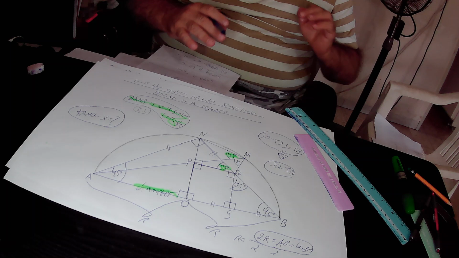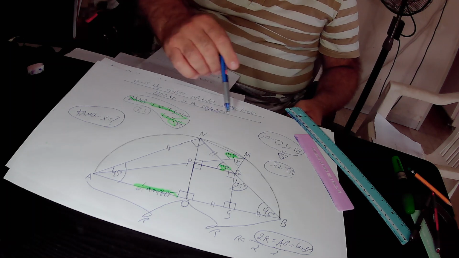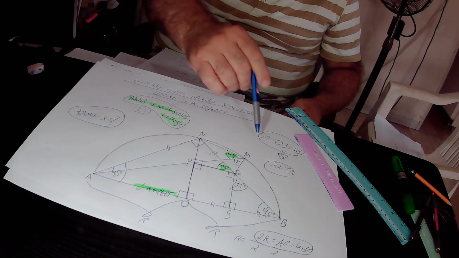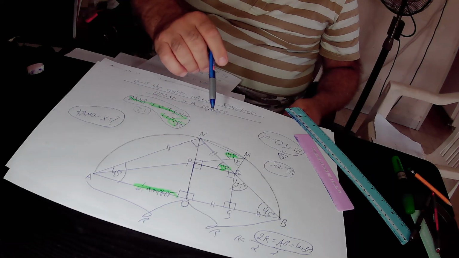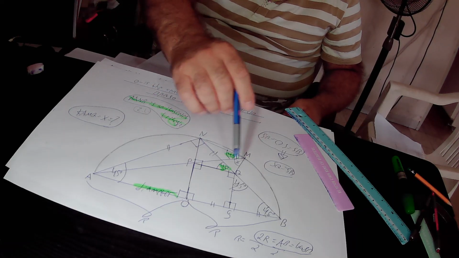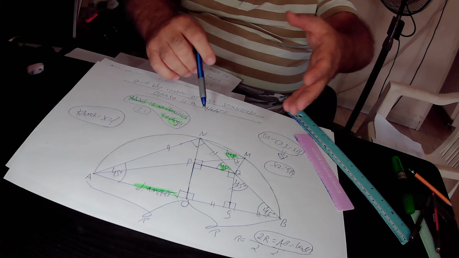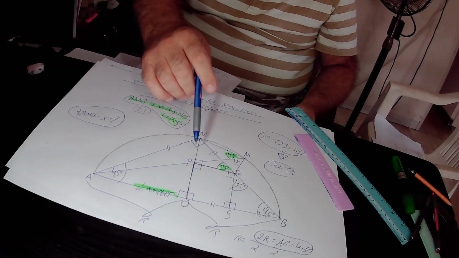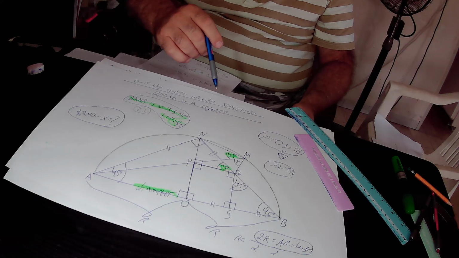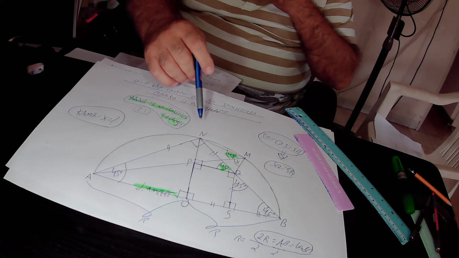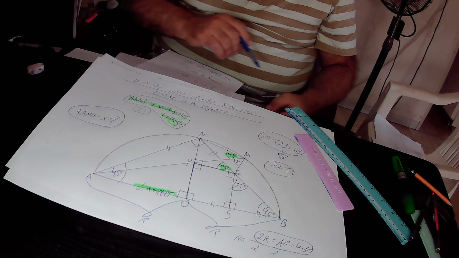In the next step, we'll prove that quadrilateral NMQP is a cyclic quadrilateral. That is to say, you can block this quadrilateral NMQP in a circle, or it can be inscribed by a circle.